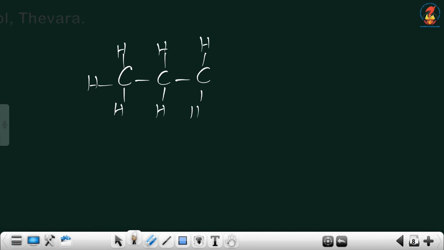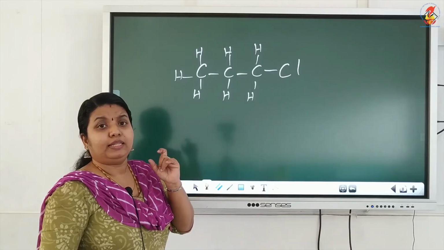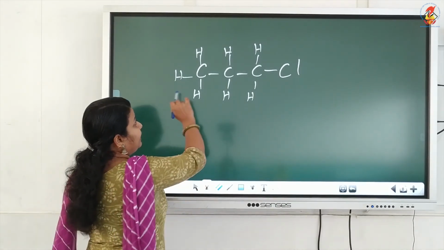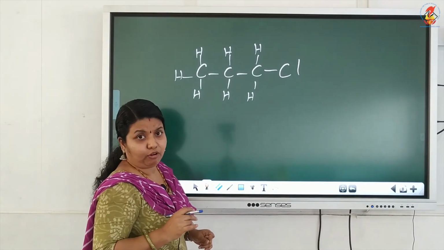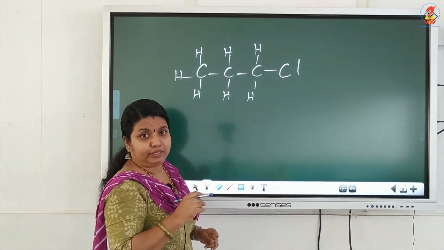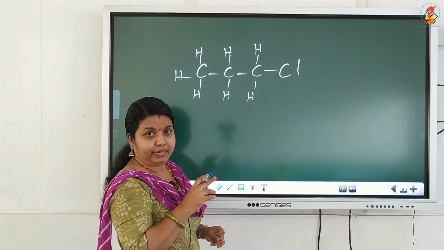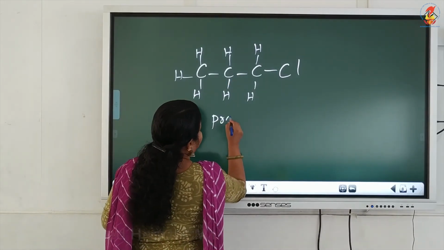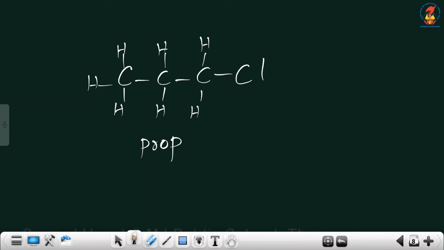Consider this compound. We will follow the different steps for nomenclature. First step is identify the number of carbon atoms in the compound and select the word root. How many carbon atoms are there? 3. So the word root is prop.